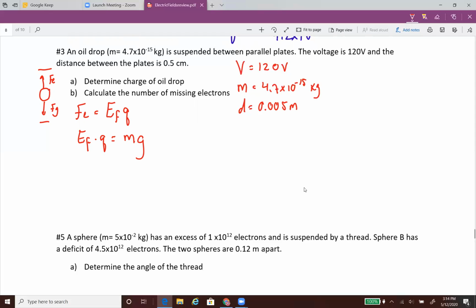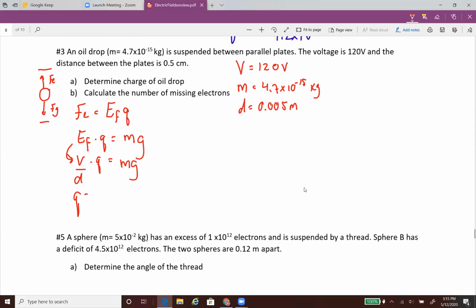The electric field is also the voltage over the distance, so the voltage over the distance times the charge is equal to mg.